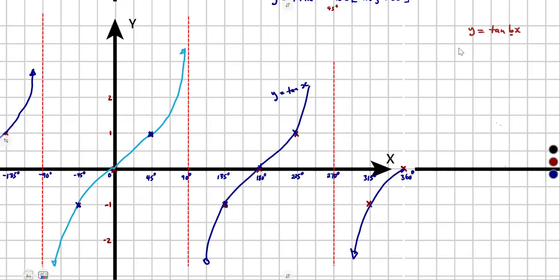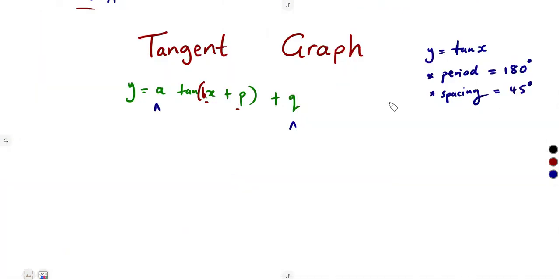As we had before, the period and spacing will be affected by B. It affects our period and also the spacing.